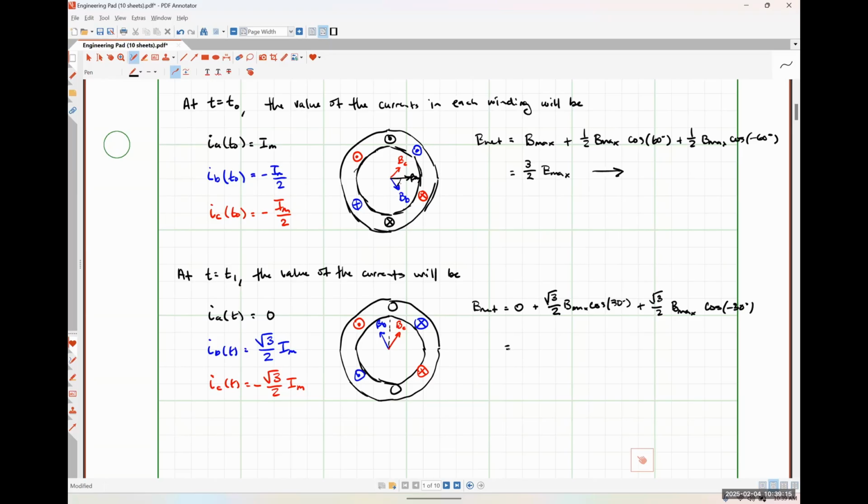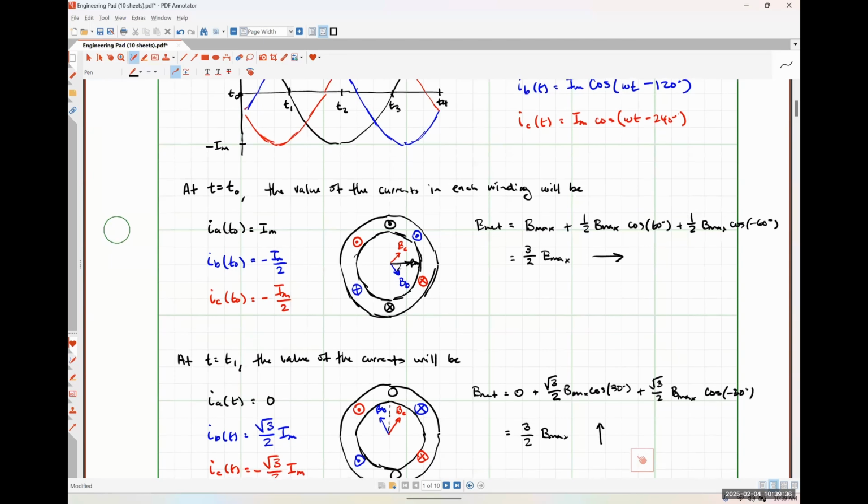And these guys wind up adding together to, once again, 3/2 B max. And now they're going to be in the up direction. So to kind of expedite things here really quickly, we could keep on going if we wanted to.